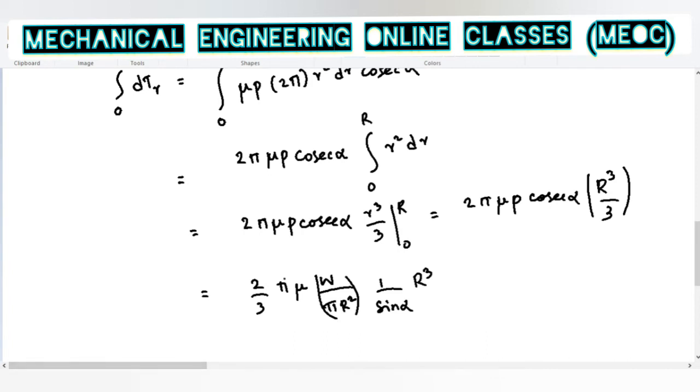So I can cancel out pi R square. I will be left with 2 by 3 mu W R by sin alpha.